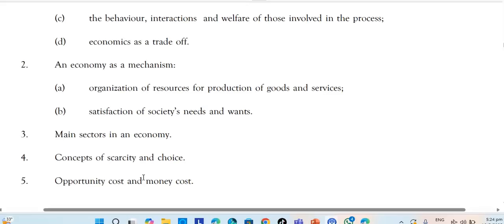Now, why do you think that scarcity and choice are important in economics? Well, they help explain why we can't have everything. Scarcity and choice help us to understand why, as humans, we cannot have everything.